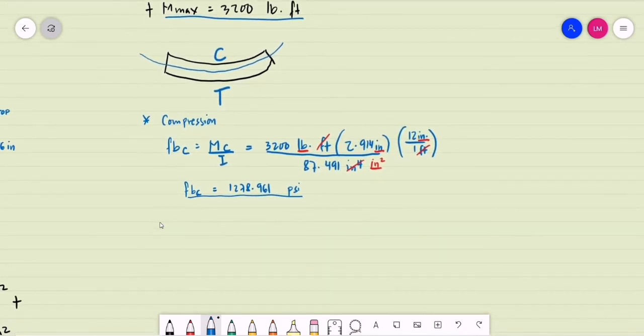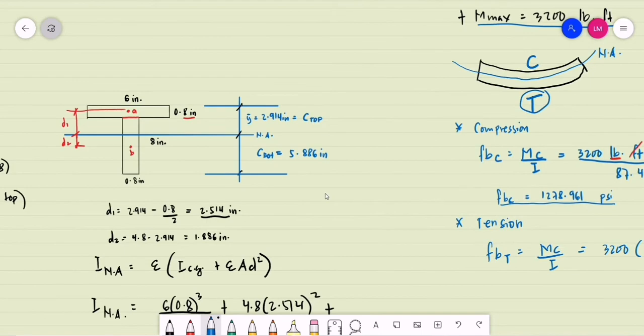Okay, what about the tension side? For the tension side, that will be the fibers below the neutral axis. So that is, let's say, F sub B under tension, we are using MC over I. We are using the same moment. This is 3,200 pounds-foot multiplied by the value of C from the bottom of the beam.